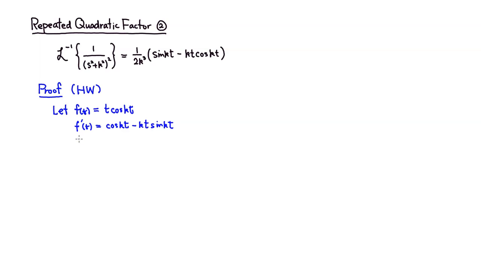Right? Then we take the next derivative, so f double prime of t is equal to negative k sine of kt. And then here's product rule, so the derivative of the negative kt is negative k sine of kt.